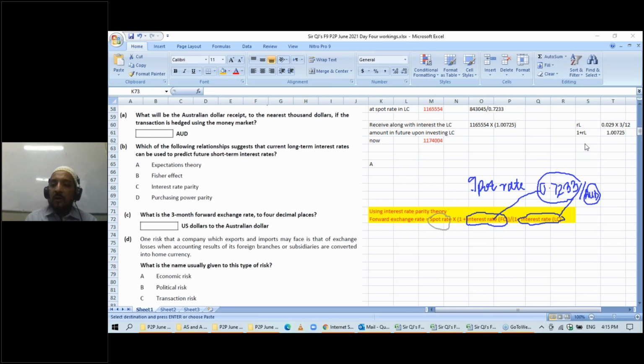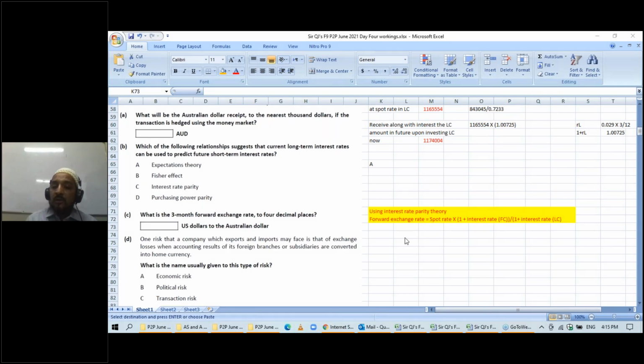Now we'll put in the figures to arrive at the forward rate using the interest rate parity theorem. Remember, we can estimate a forward rate using the interest rate parity theorem. In a question to hedge by a forward contract, if a forward contract rate is absent, the question will give you the interest rates of the foreign currency and the local currency.